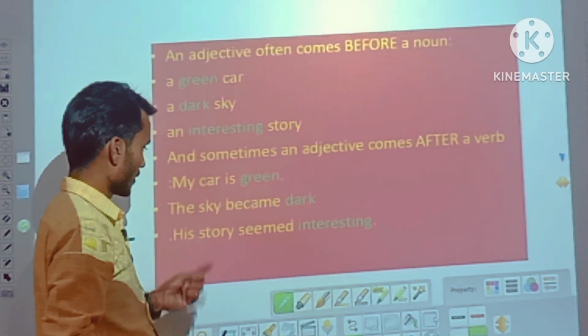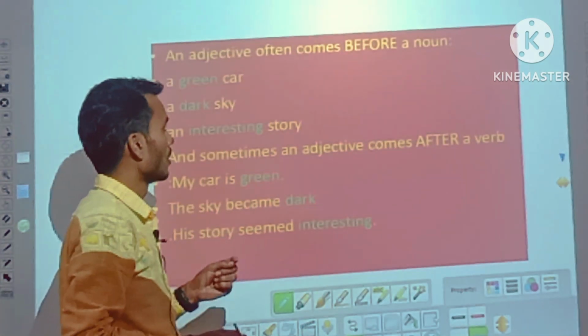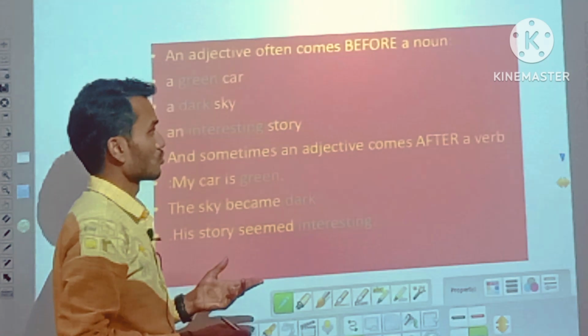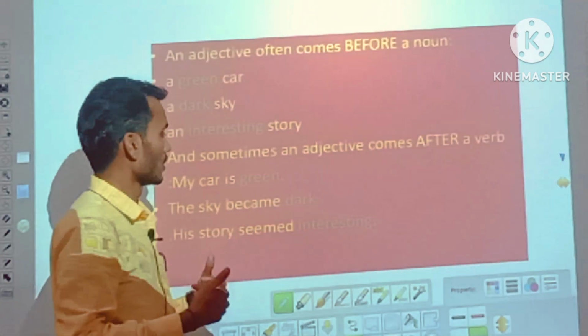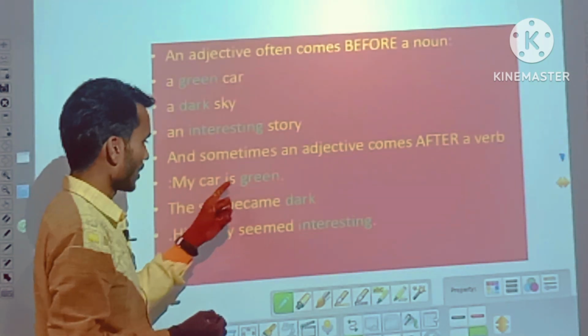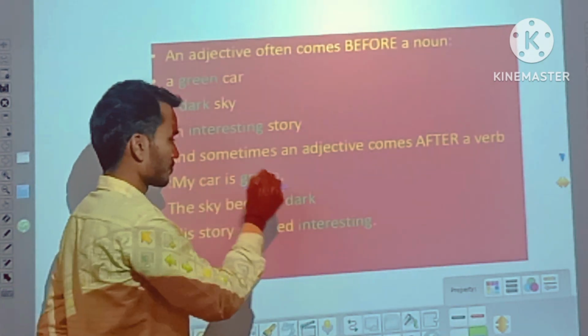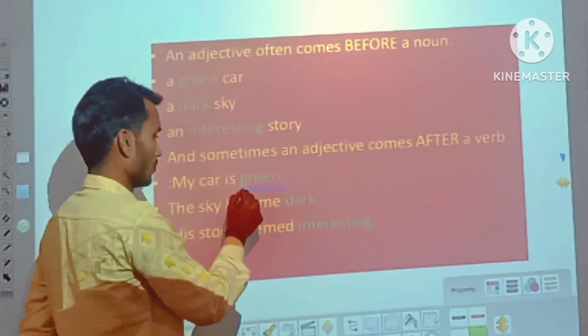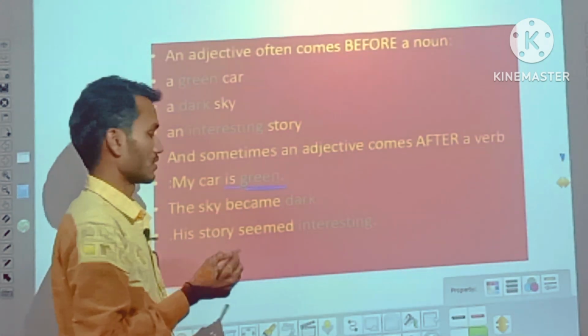Here you could say my car is green. I told you adjectives are used before a noun, and here after a verb, right? My car is green. Here green is an adjective which is used after the verb, that is is, right?